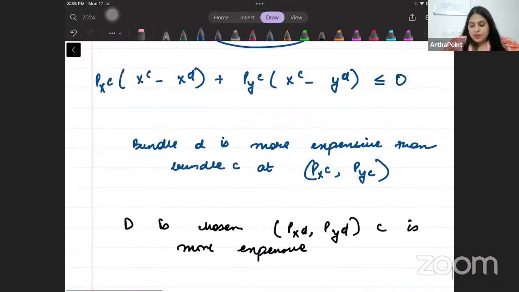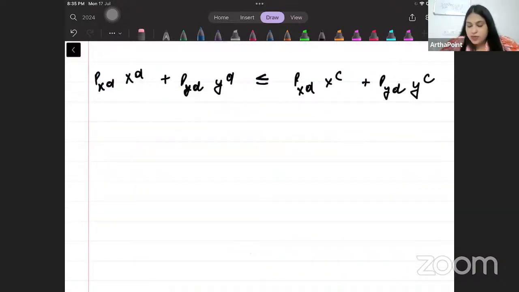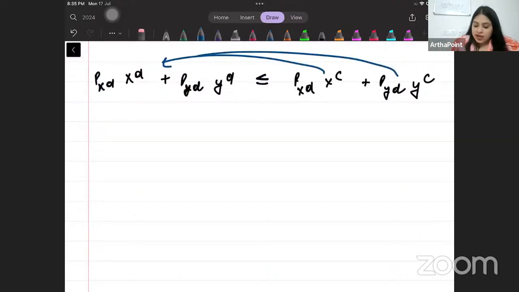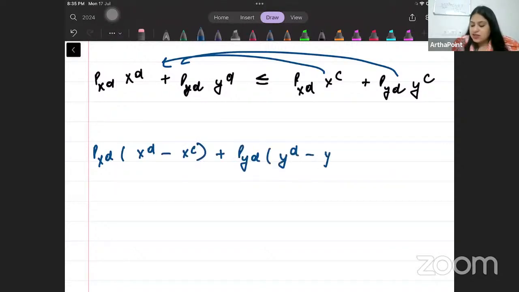Similarly, I can rearrange the other equation, and I will get PXD, XD minus XC plus PYD, YD minus YC less than or equal to 0.